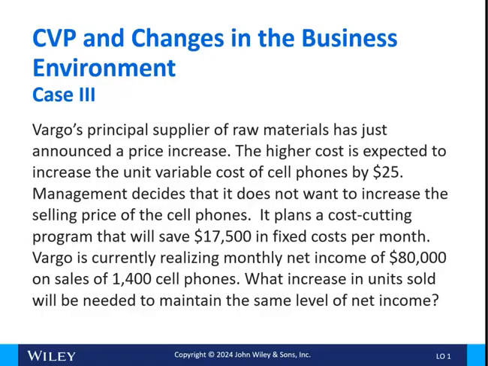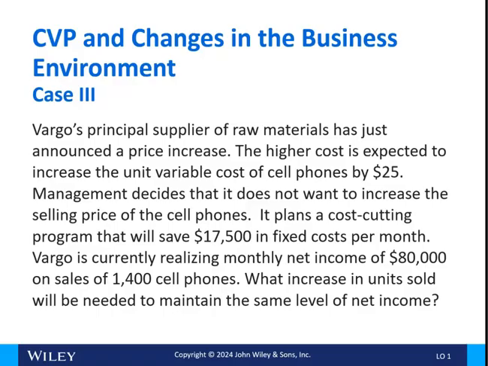Okay, very realistic scenario where you have current sales, you have current net income, and you want to maintain that. You get a higher cost passed on from your vendor, whether it's due to inflation and higher costs, or tariffs that we're facing now here in 2025 and 2026.